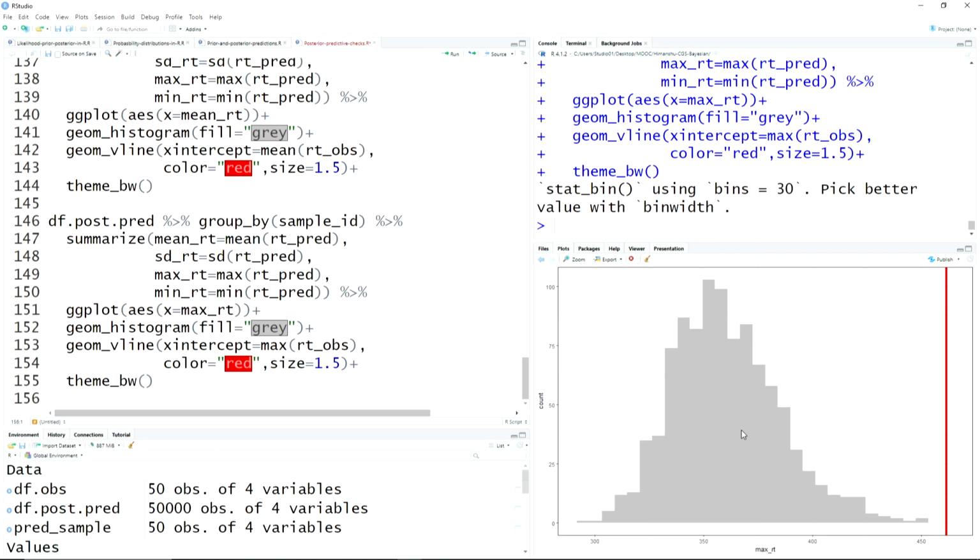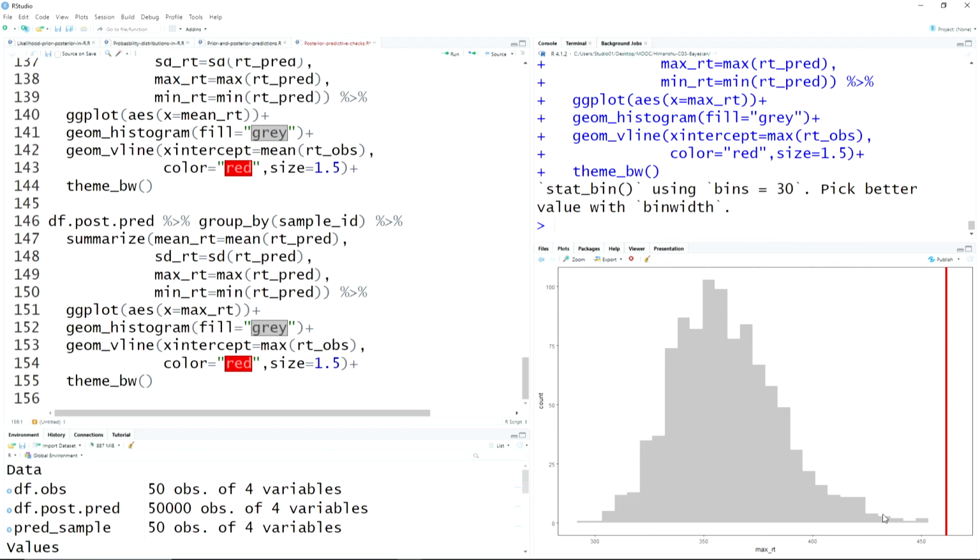Can you speculate why? Because the likelihood function we assumed here was a normal distribution, right? So we were generating those posterior predictions from a normal distribution. And as a result, a normal distribution wouldn't generate those extreme maximum observations, right? So maximum RT, the posterior predictive samples are going to have are up to 440 or so.